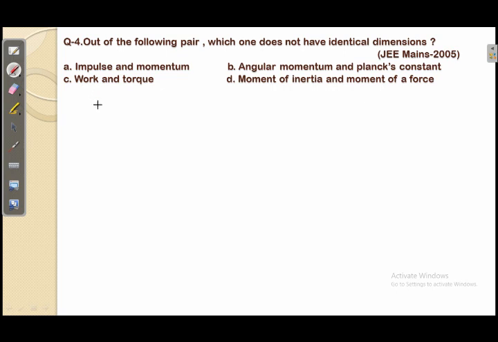So I will directly come to option D, because option D has the pair of moment of inertia and moment of force. These two quantities have different dimensions. I will show how. Solution: moment of inertia has the formula I is equal to mass into square of the distance.